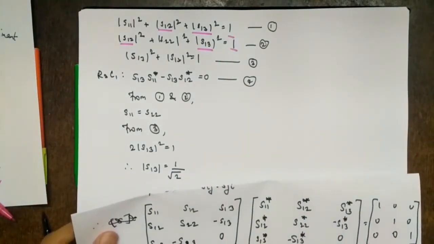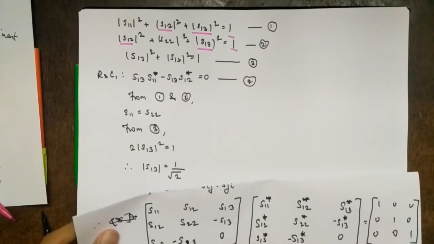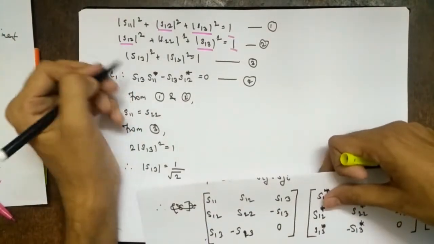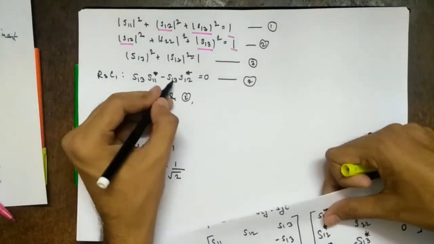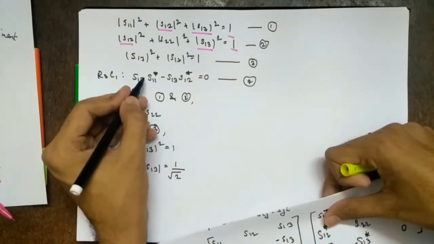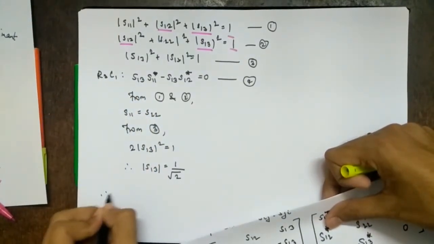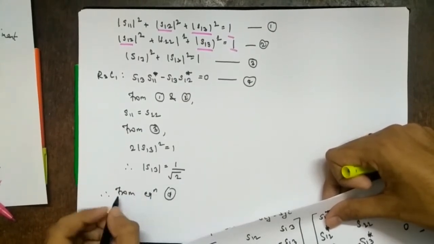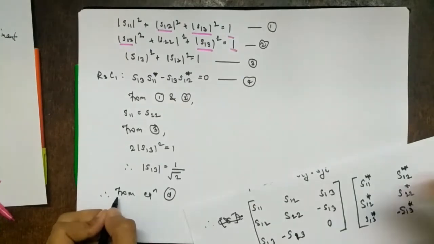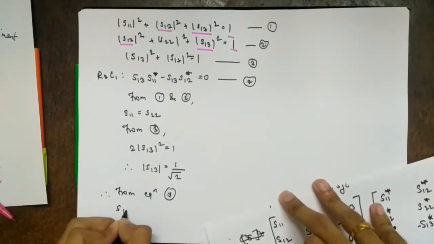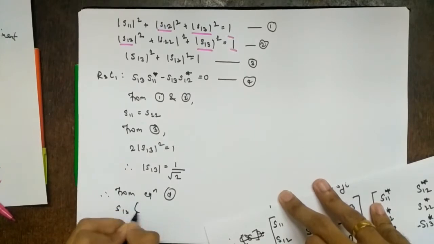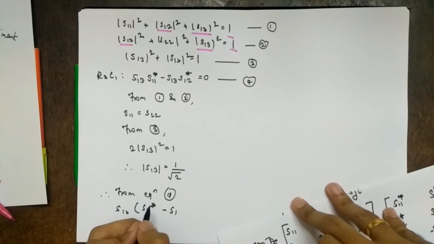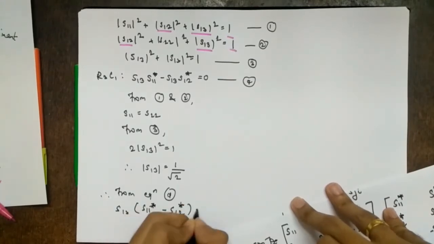Next we have the fourth equation. We are done with 3. So in the fourth equation, S13 times S11 conjugate minus S12 conjugate equal to 0.